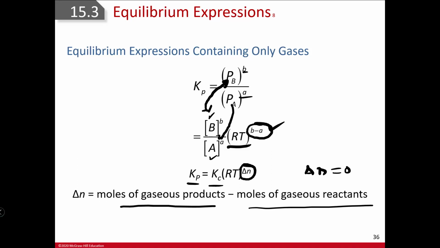So if there's no change in the number of moles from reactants to products, then delta n becomes 0 and Kp and Kc are exactly the same value. But if there is a change in the number of moles of gas in the reaction, then delta n is not going to be 0. And if it's not 0, then this RT has a factor to play in relating the equilibrium constant at concentration versus the equilibrium constant at pressure.